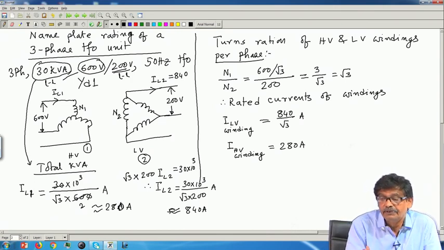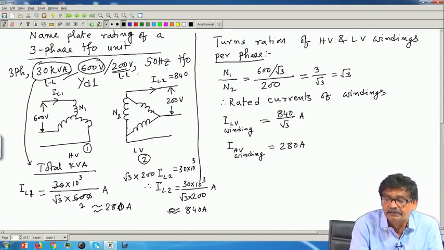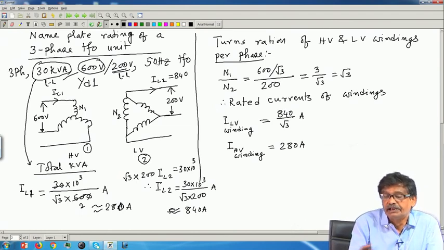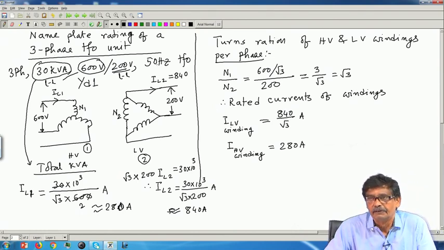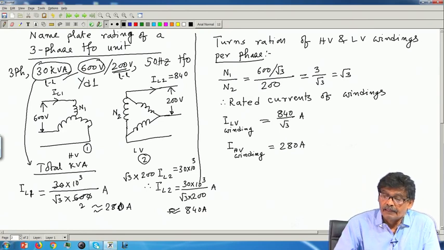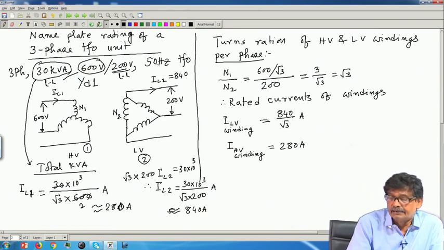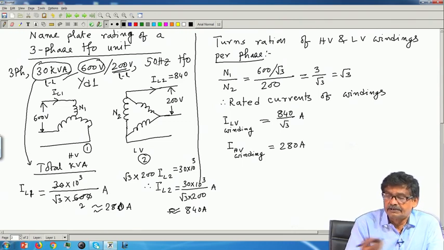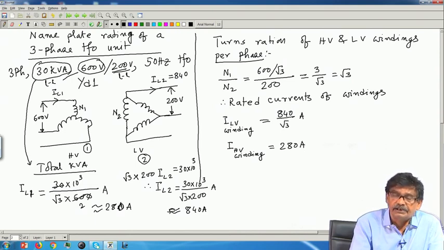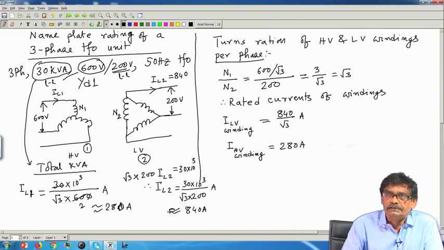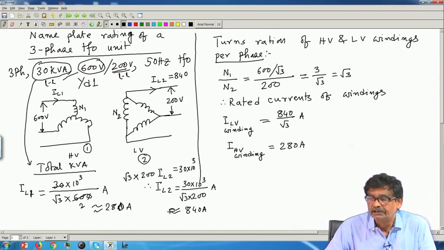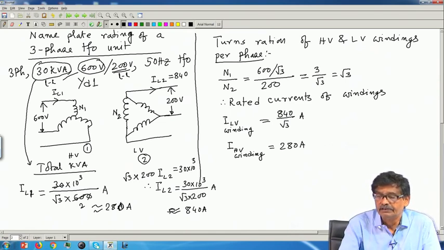But so far as a 3-phase transformer is concerned, this is how it will be, its rating will be specified. Unless, once again I am telling, the connection is star-star or delta-delta, the ratio of line to line voltages will be the same as the turns ratio of the transformer. So, this is how it is to be done.